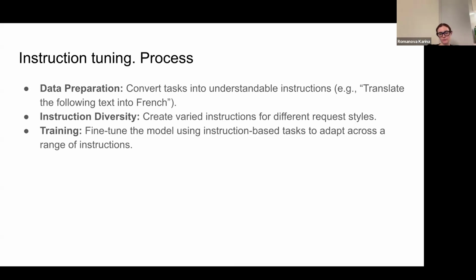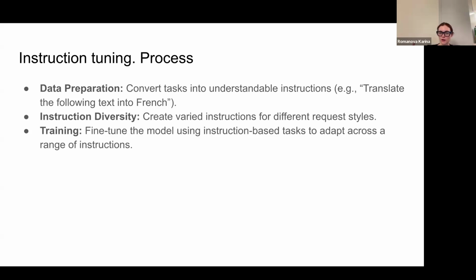Let's talk about the process. It's five stages, and the first one is dataset collection, gathering a dataset of instructional prompts paired with desired outputs. Then we pre-process it, cleaning and formatting the data to ensure consistency and compatibility with the model's input requirements. Then we train the model on the prepared dataset, adjusting its parameters to minimize the difference between its output and the desired responses.